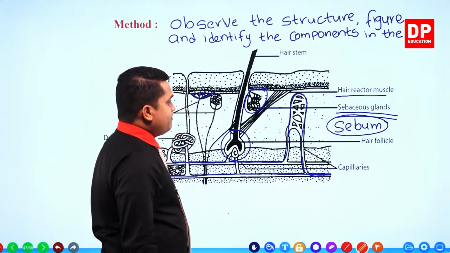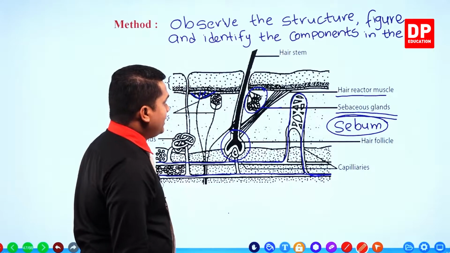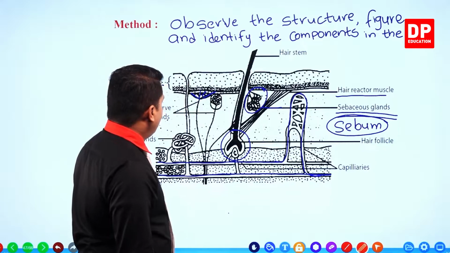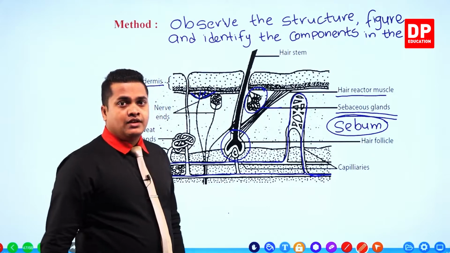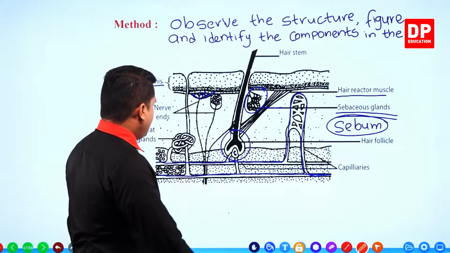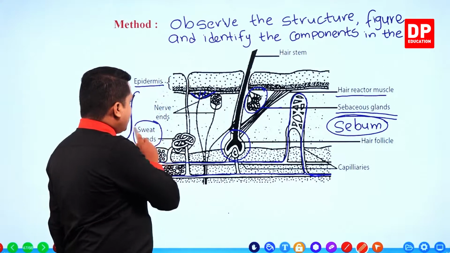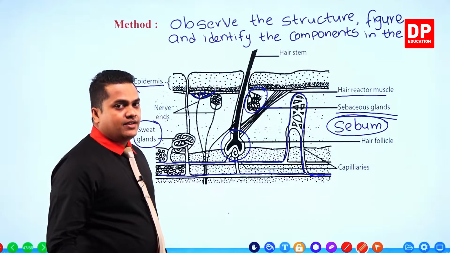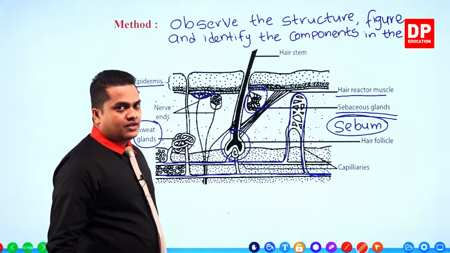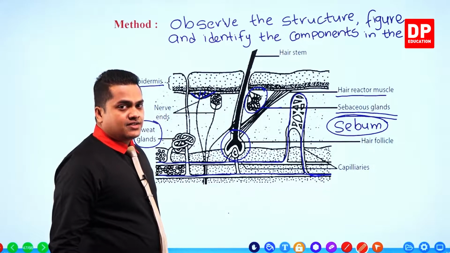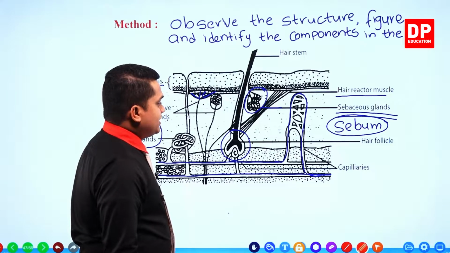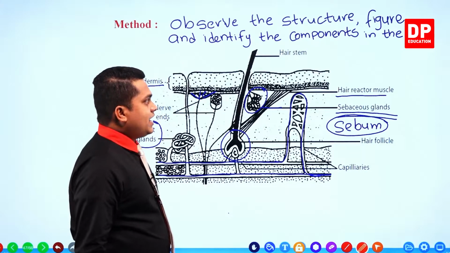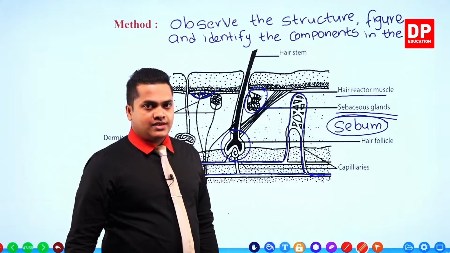And one thing in here also, you can observe sweat glands. You know the purpose of sweat glands, right? It's going to emit sweat, which carries excretory substances. So these are the main parts that we can identify within the skin.